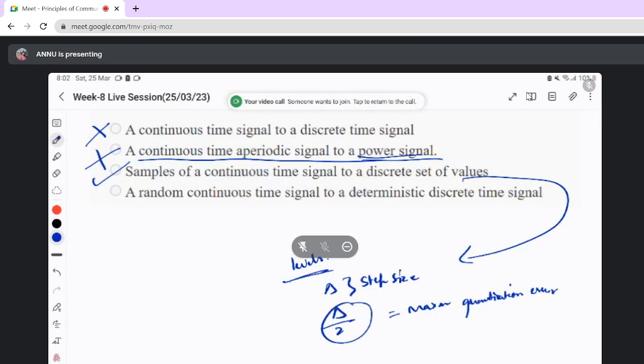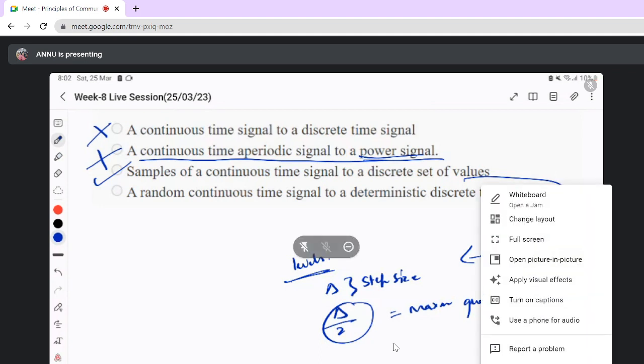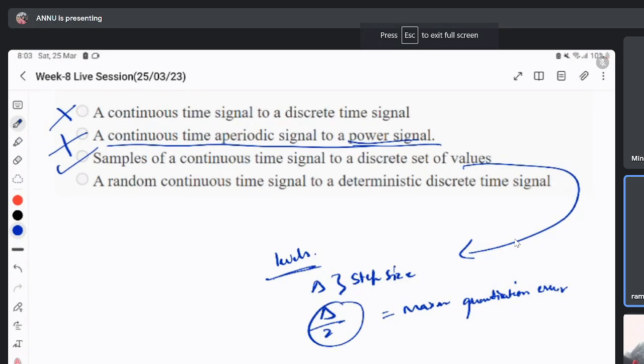Hi Ramashri. Hi, madam. You joined a little late. Can I know the reason? Actually, my network issue, madam. Network issue. Are you getting the notification that I'm switching the class time?